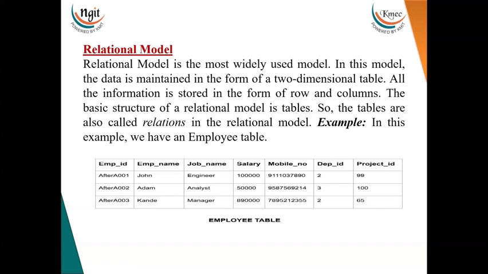So A001, John, engineer, with a salary of 1 lakh, with mobile number and department ID 2, project ID 99 can be taken as an instance of the entity employee. Similarly, you can have a number of instances for the same employee entity element, right?